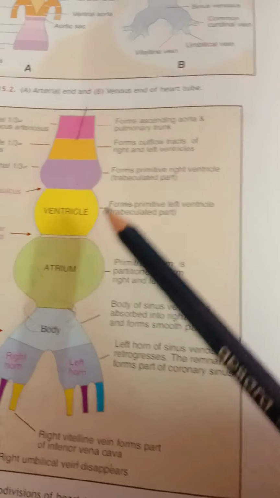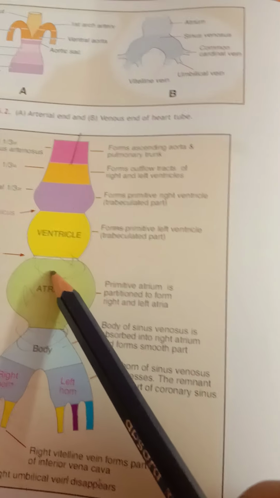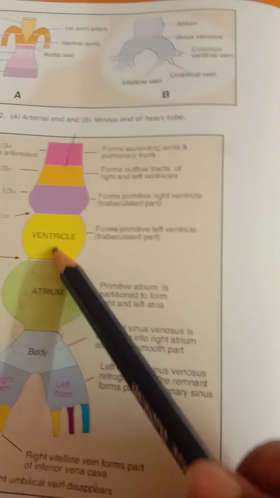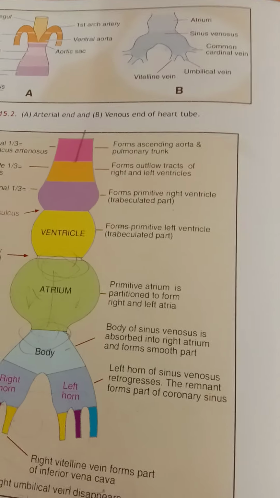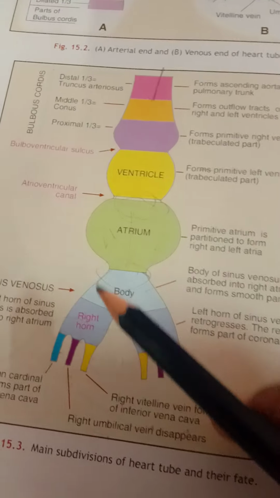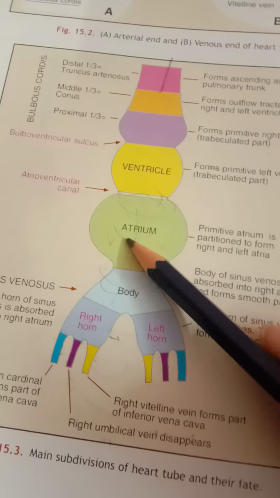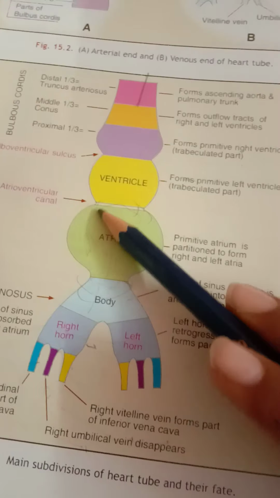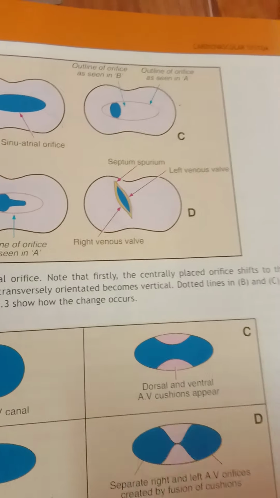And our right horn, that is the SA orifice, is also getting absorbed into the atrium. If you remember, in the adult we also have the SA orifice in the atrium, but its ends only have the septum spurium, the left venous valve, and here the right venous valve.